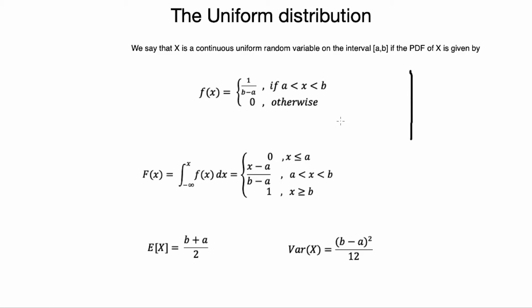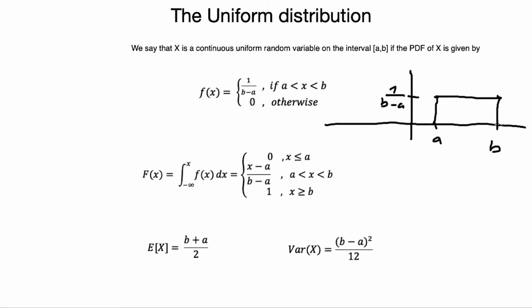So if we have an interval [a, b], we will have 1 over b minus a, here and here, and it is 0 otherwise. So 0 when x is not in the interval [a, b], and it is 1 over b minus a in this case.